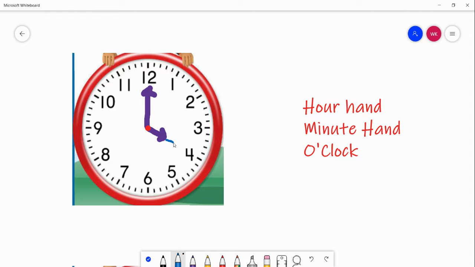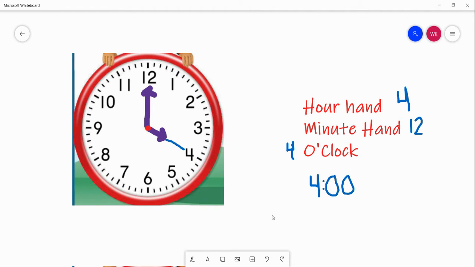So the hour hand is pointed to the 4. So the hour is 4. Then the minute hand is pointing to the 12, that means 0 minutes. So it is 4 o'clock. Give yourself a pat on the back if you got that one correct. If not, that's okay. We're going to have another one to do together. So we have 4 for the hour, 0 for the minutes for this problem.